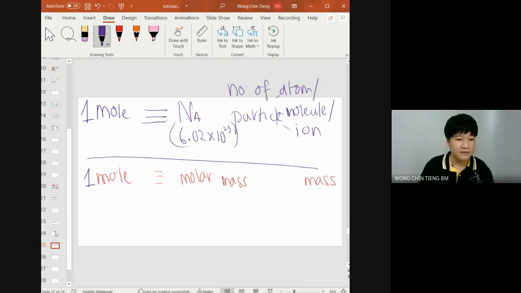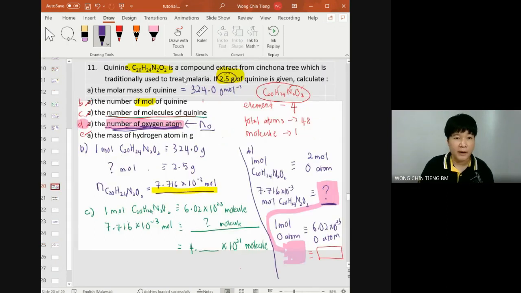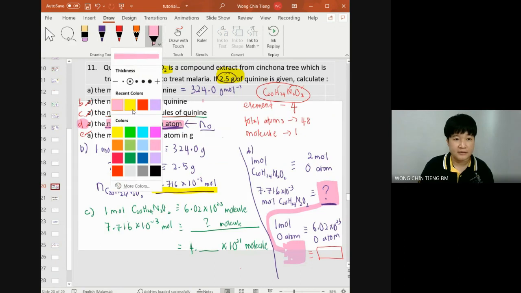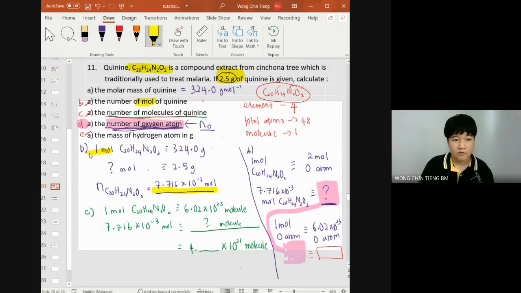If we go back and look back to all our answer, if you don't trust me, 1 mole is berapa? 1 mole dapat berapa? 1 mole pegang berapa? Always start with 1 mole. That is the easiest way.